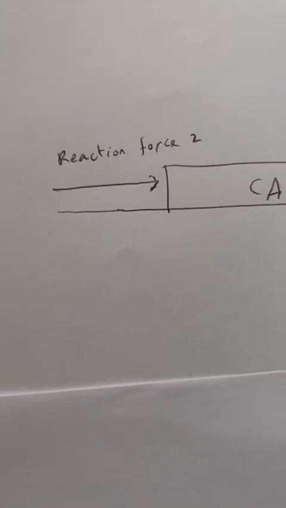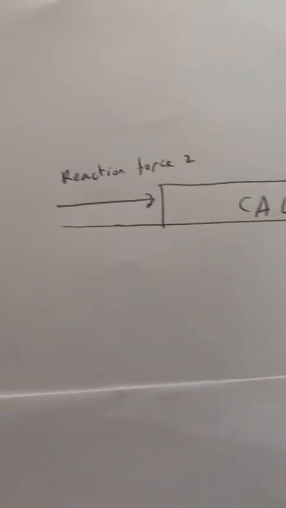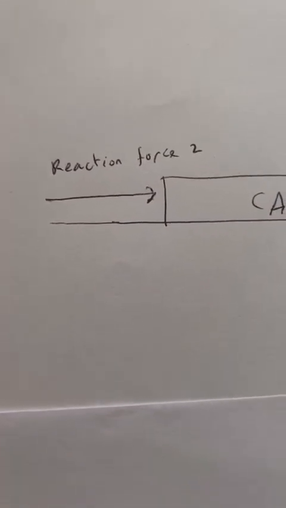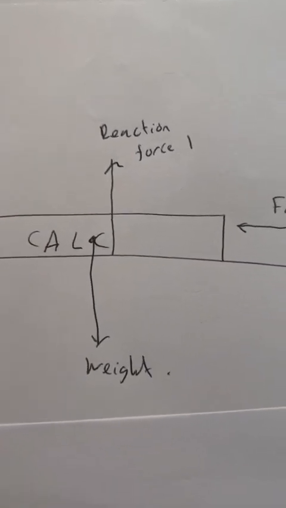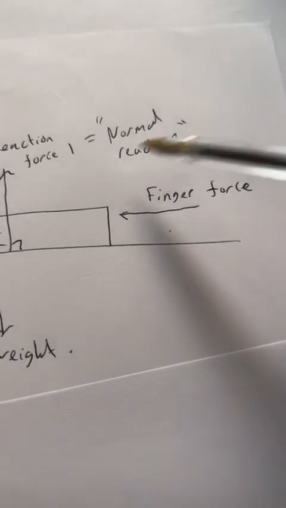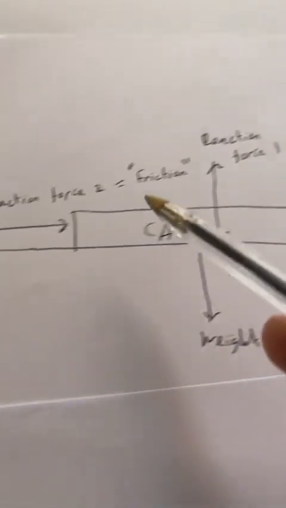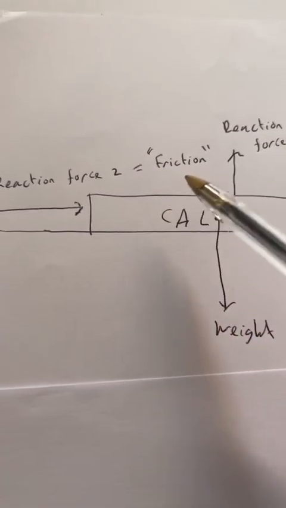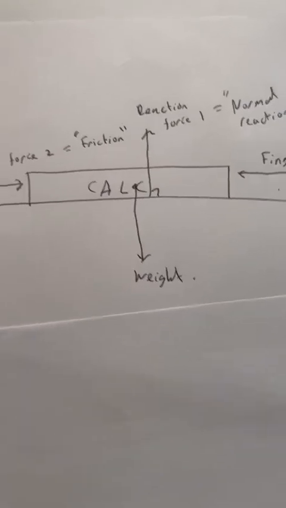And we've also got a reaction force over here going to the right to counteract my finger. So this second reaction force was the friction on the table. And this reaction force 1 was the normal reaction force from the surface. So as you can see, I've just written out here, normal reaction force as force 1 and friction as force 2. So we've got two reaction forces from the table.